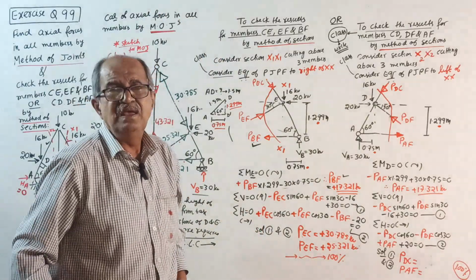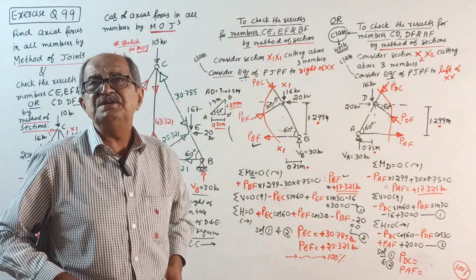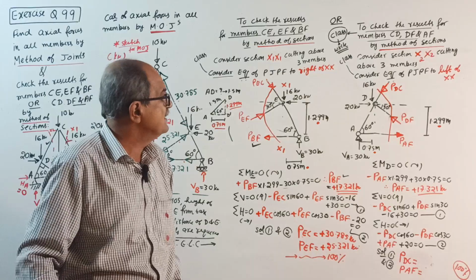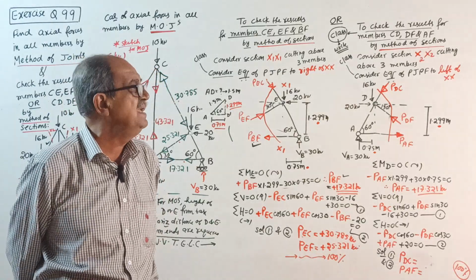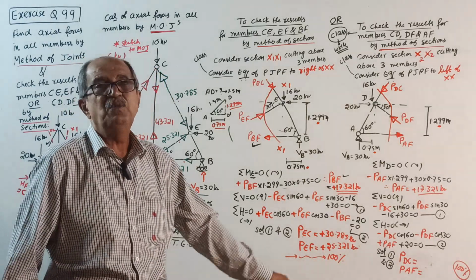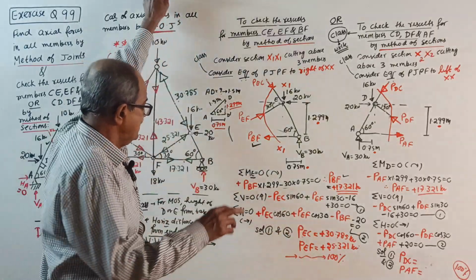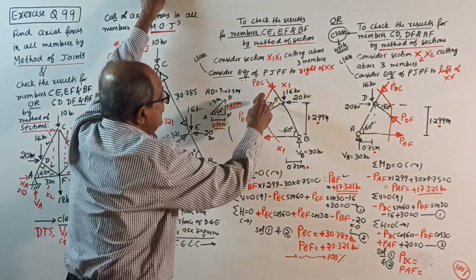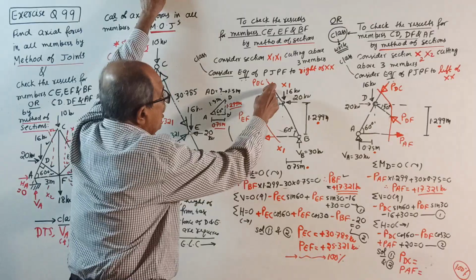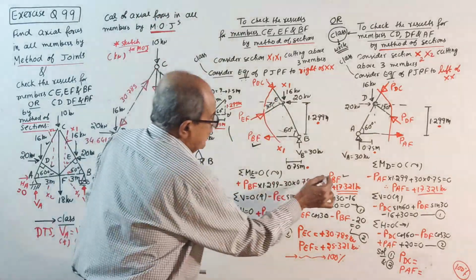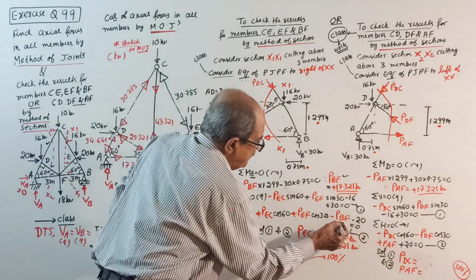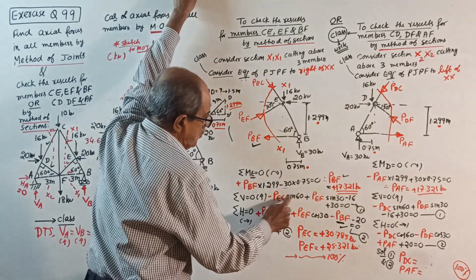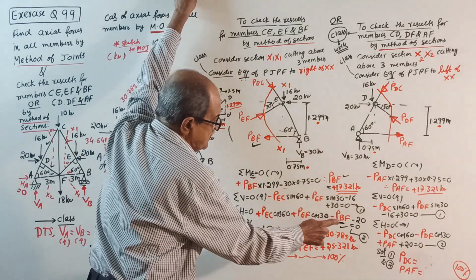If I explain, someone will say he is wasting time, explaining equations class after class. You apply sigma V equal to 0 and sigma H equal to 0. But remember, your PBF is already known.